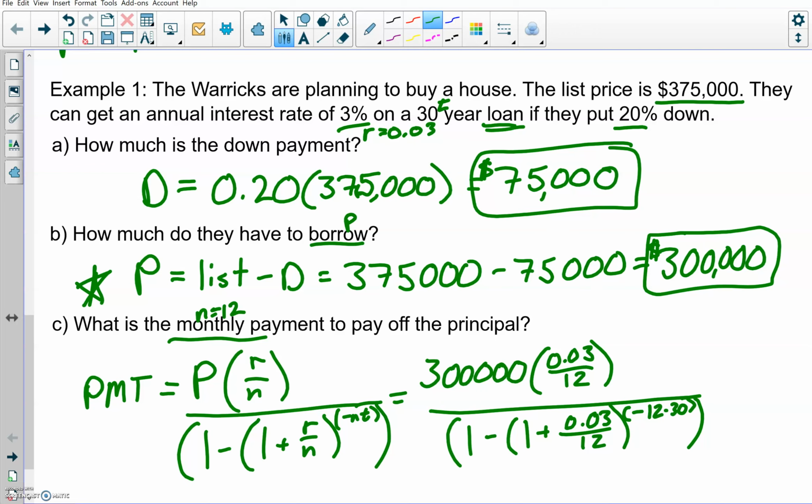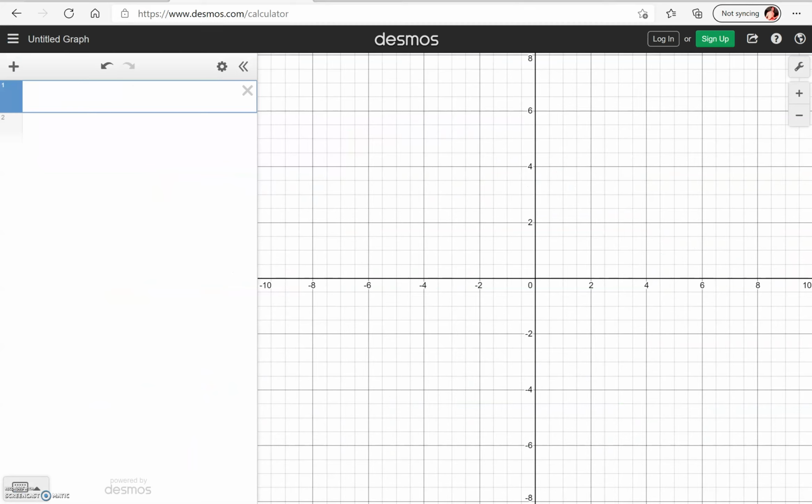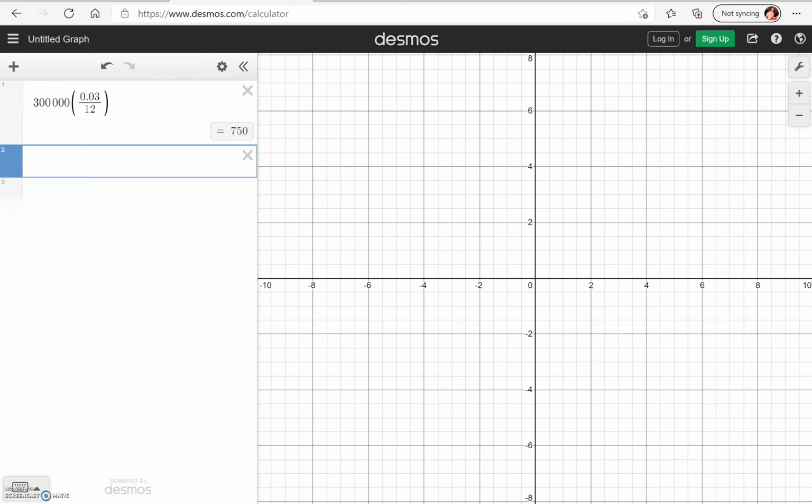Now in Desmos, you don't have to worry so much, but you'll be able to see, and it should look just like this when you type in a Desmos, and I'll show you that here in a second. So we're just going to type in 300,000 parentheses 0.03 divided by 12, right arrow to get out from under there, and then oops, you don't want that.